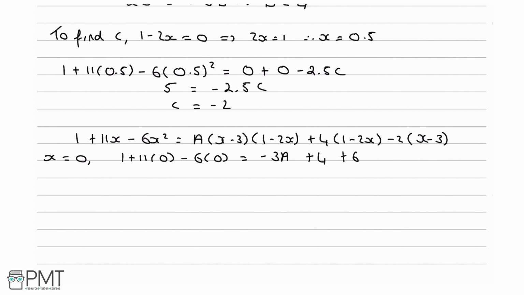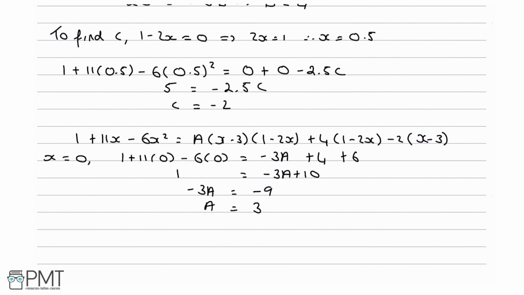Okay, so we end up with 1 equals minus 3a plus 10, minus 3a equals minus 9, and a equals 3. Okay, final step is just to write it all nicely to the examiner.